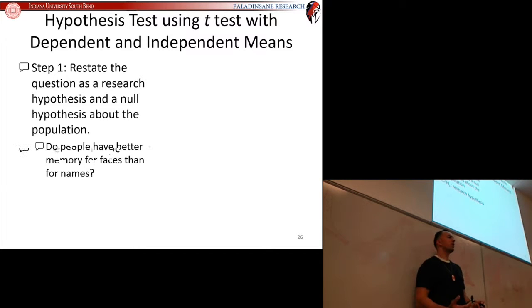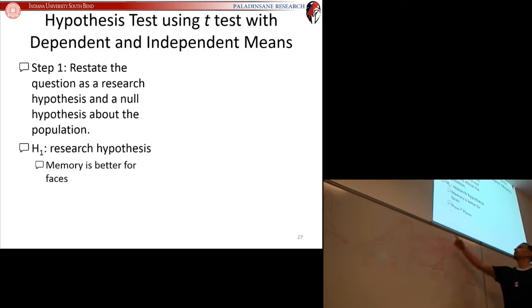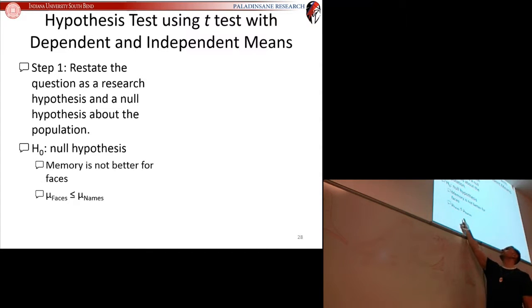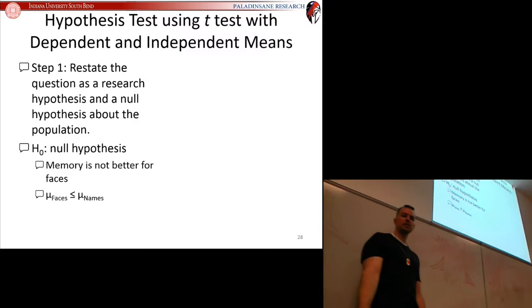So our research hypothesis is that memory is better for faces, and we write that as the mean percent recall for faces is greater than the mean for remembering names. Null hypothesis, complete opposite of that. Memory is not better for faces. The mean accuracy for faces is less than or equal to the mean accuracy for names. So that's the null and the research hypothesis.